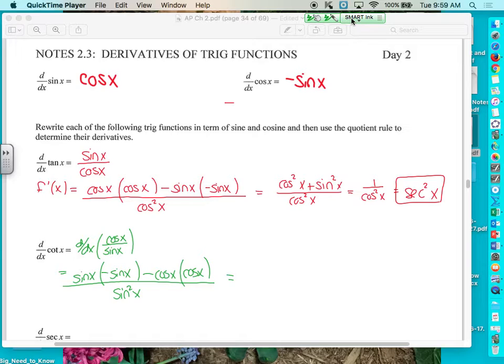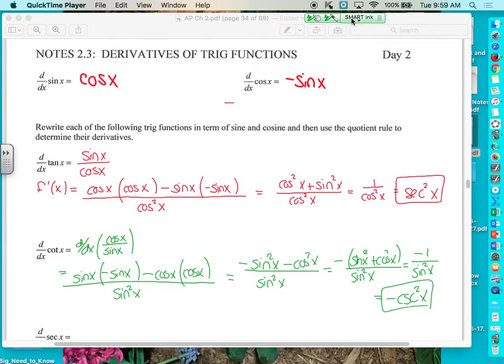And if you simplify, you have negative sine squared x in the top, minus cosine squared x in the top. If I take that negative out, this might look more obvious to you. So sine squared plus cosine squared is 1, but I have that negative out in front. And negative 1 over sine squared is negative cosecant squared.